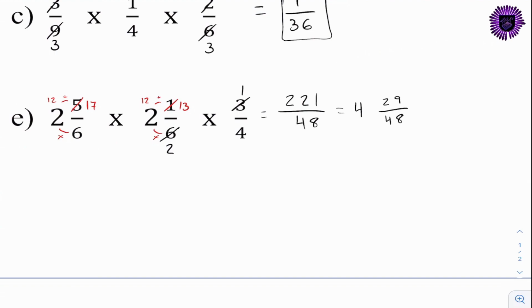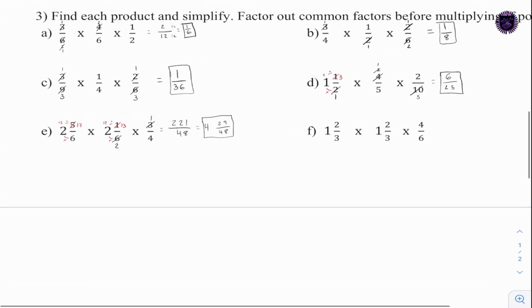So I'm going to go 48 times 4 is 192. 221 minus 192 is 29. Yeah, okay, I was correct. It's always nice to check on the answer sheet.